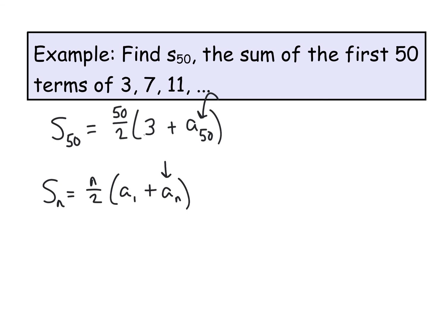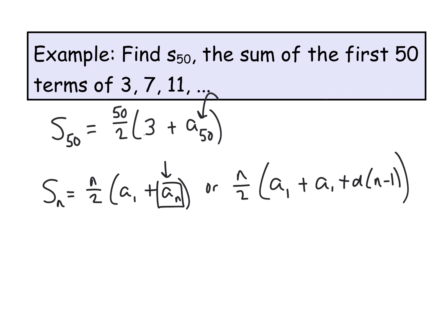But when you don't know that other term, we can plug in the explicit formula for it: a sub n is really just equivalent to a1 plus d times n minus 1. We don't really need to know a sub 50 necessarily. It's part of the formula, but we can just get the sum using this alternative version right here. So let's do it.